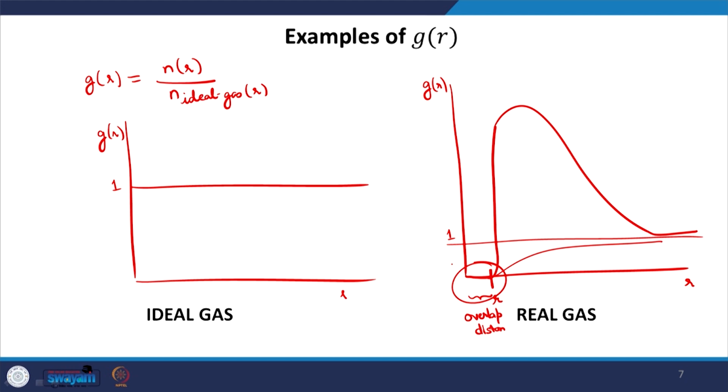Now, the reason why I am drawing different shapes here is because the order also depends on the concentration. Let us say if I think of a hard sphere system, the hard sphere system in dilute concentration would have a different structure as opposed to larger concentration. If I go to higher concentration in the hard sphere system, that is what I am using for simulating real gas, I actually can form crystals, and once I form crystals, I can basically have large order.